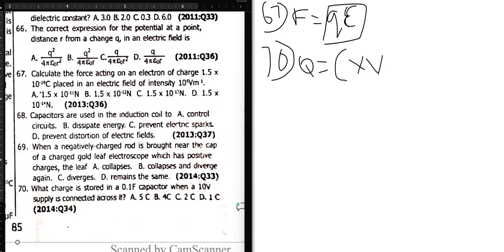What you're solving in essence is 0.1 times 10. If you solve this, you should get your answer. It's very straightforward. That's what you're solving for 70.